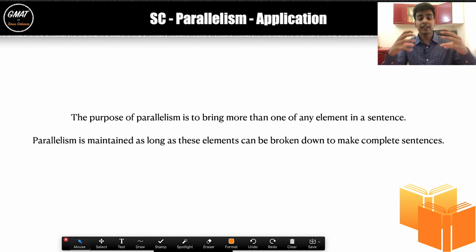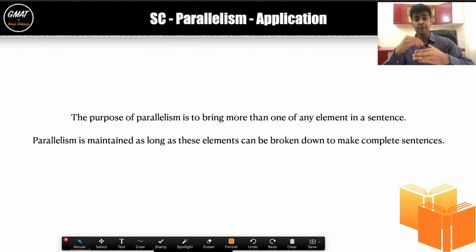rule that can make sure that if I start a sentence with Harry plays chess, then later, after a bunch of modifiers, I can have and watches movies. I can't have Harry plays chess and watch movies. It's a very simple example of how the verb needs to agree with the subject, right? And these rules, when I have multiple verbs or multiple subjects or multiple objects, certain rules need to be adhered to.